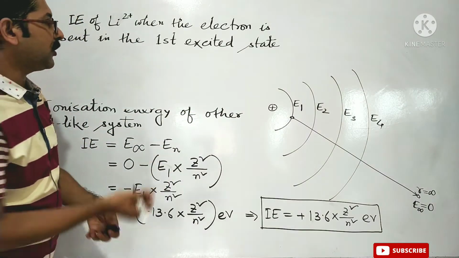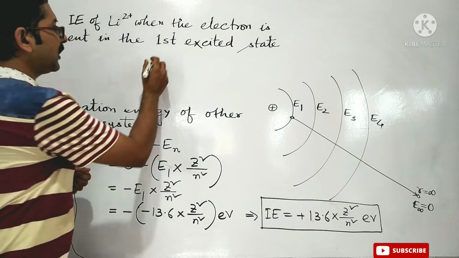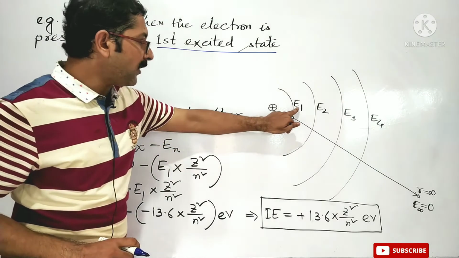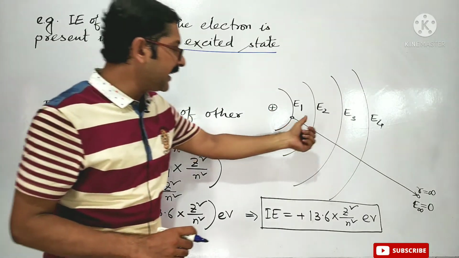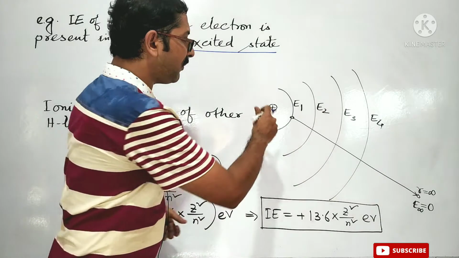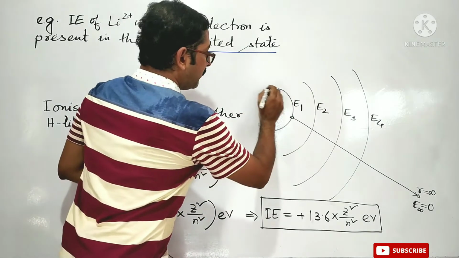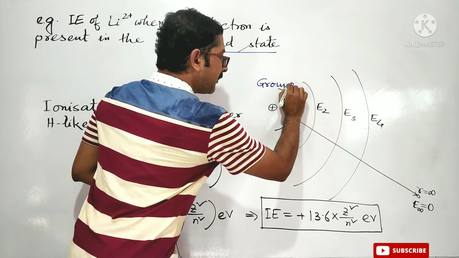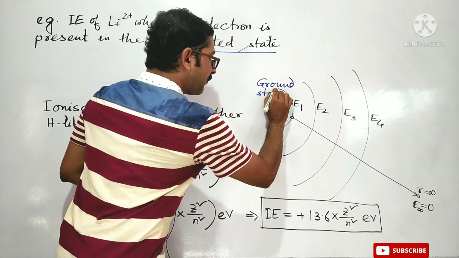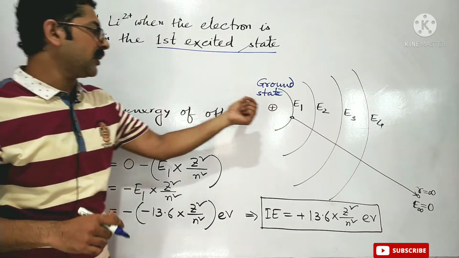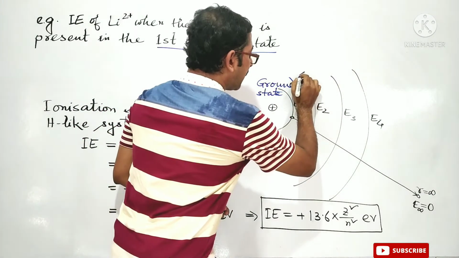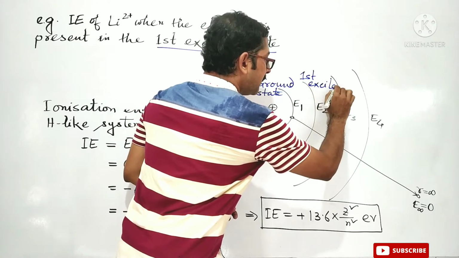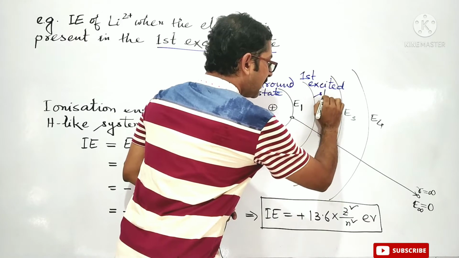Now the first point to note is the first excited state. As we know, the first orbit is the ground state for any monoelectronic system, and E2, the second orbit, is the first excited state, right?